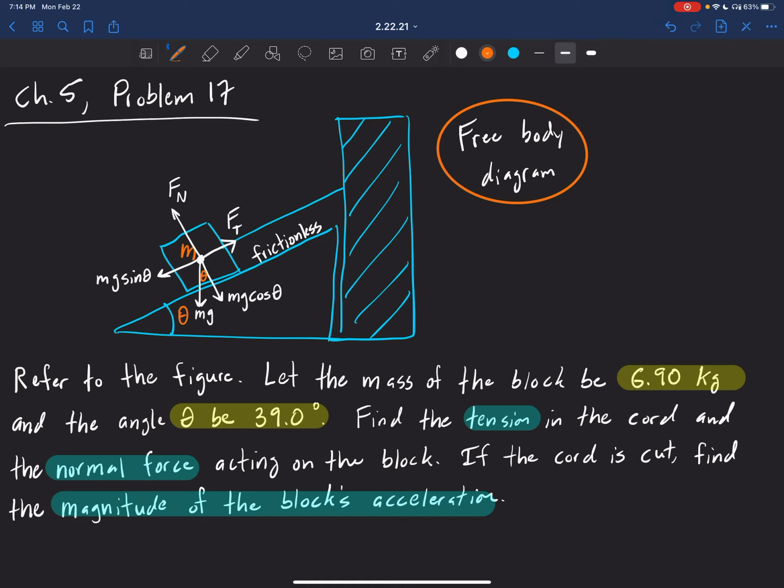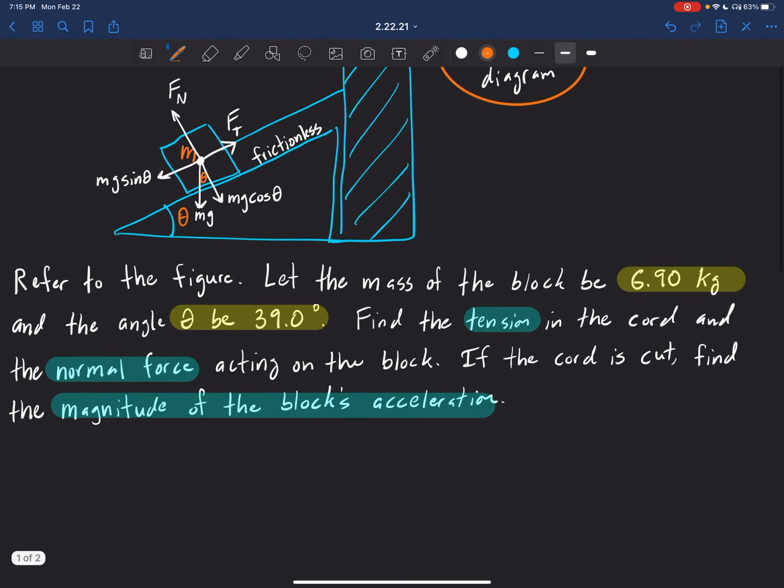The thing that we have to assume is true, from what we know about what's happening, is that the block as it sits right now is not moving. So using that information, we can write down two equations.